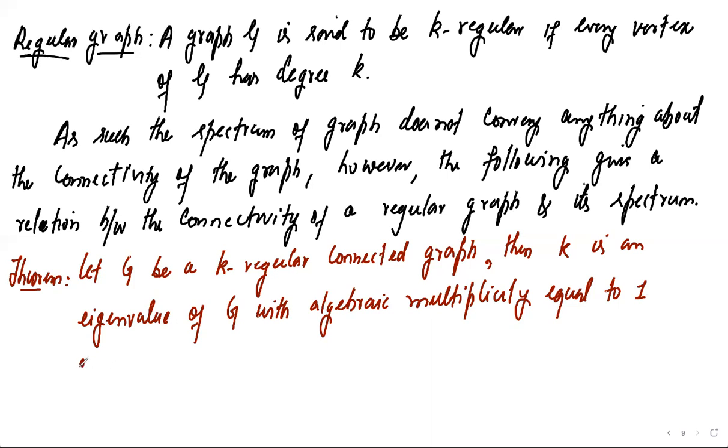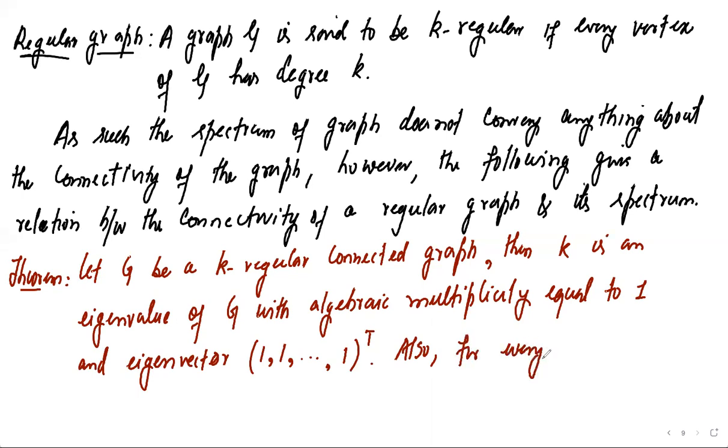and eigenvector 1, 1, ..., 1 transpose. Also for every eigenvalue lambda of G, we have mod of lambda is less than or equal to k.